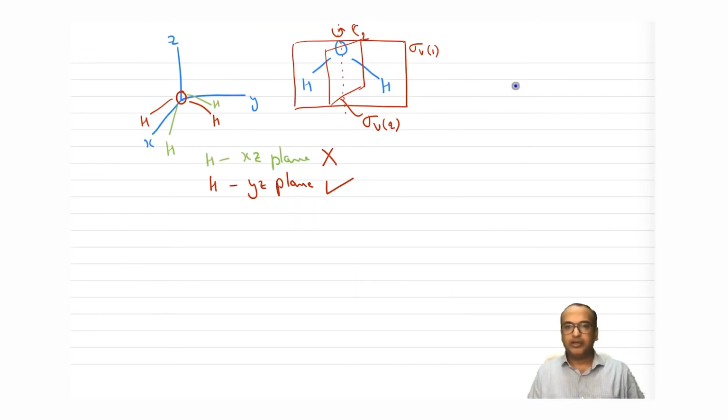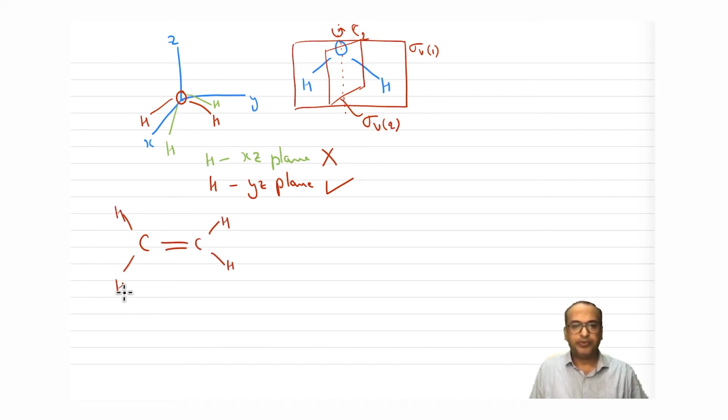Let's see the other case which has confusion, which is C double bond C, the ethylene molecule. Now in this case, what is your principal axis? You have three highest order axes here.